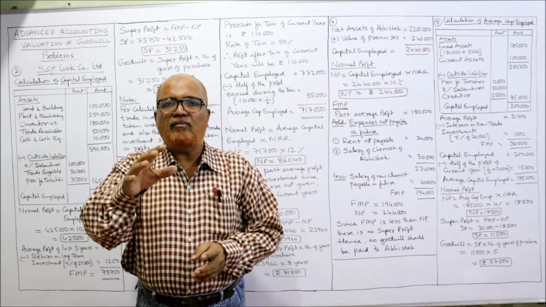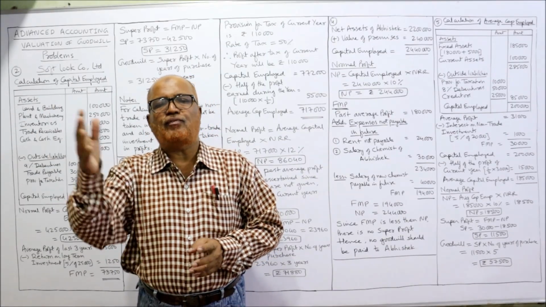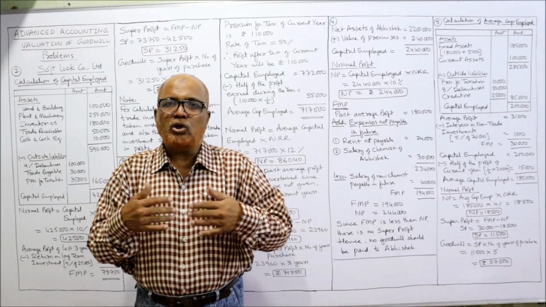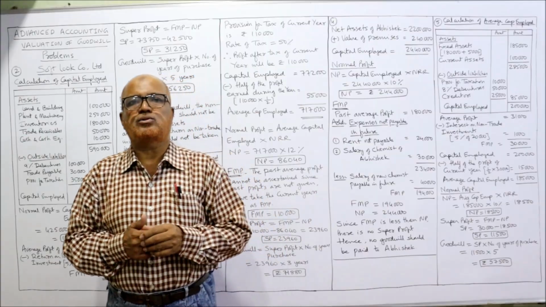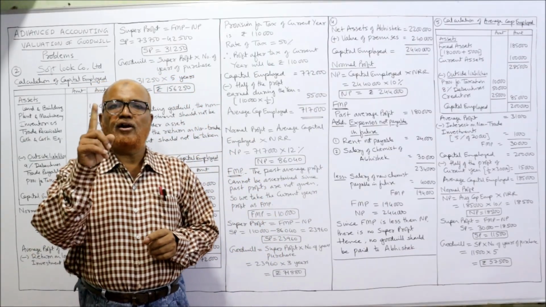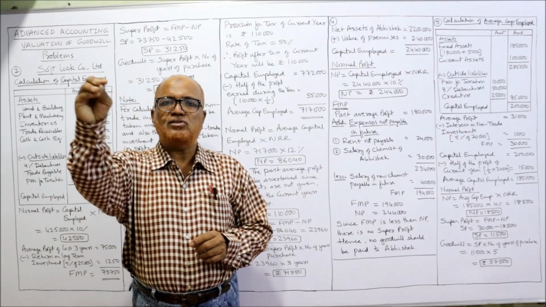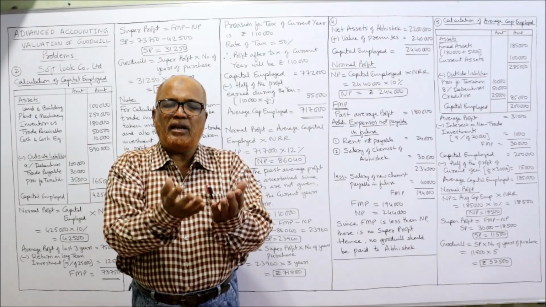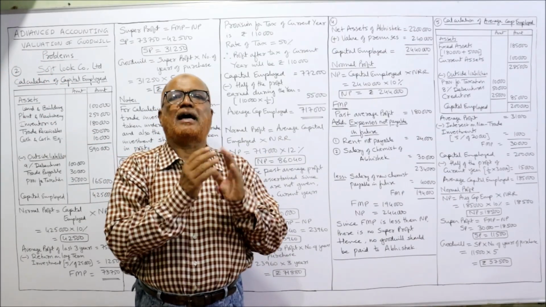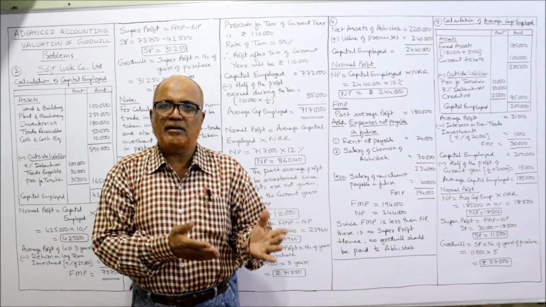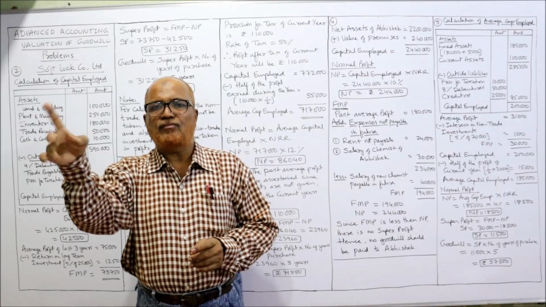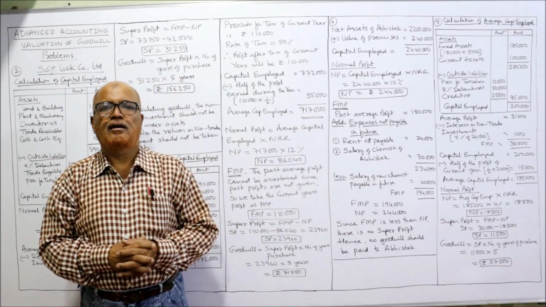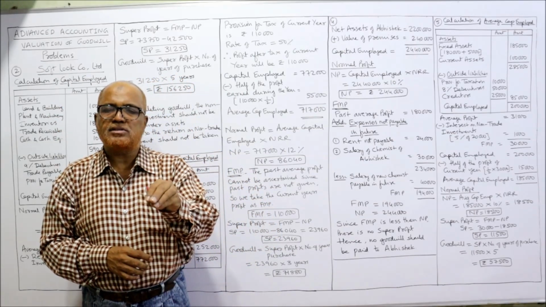So when it is given that 1,10,000 is the provision for tax, automatically it is understood that the profit after tax is also 1,10,000. Because if 100 rupees are earned, 50 rupees we pay as tax and the remaining 50 is the profit after tax. Same is the case in our problem: 1,10,000 is the provision for taxation for the current year, and the tax rate is 50%.